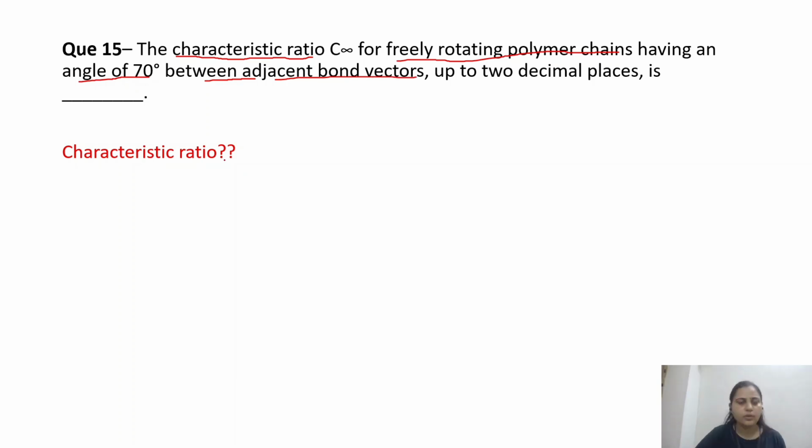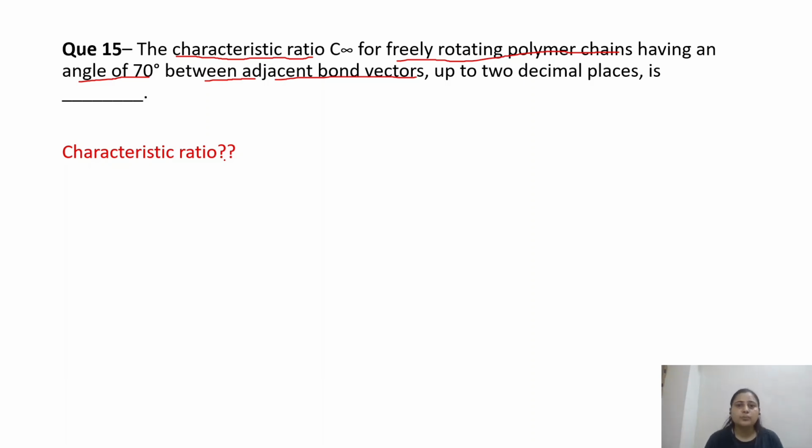So we need to calculate the characteristic ratio for the freely rotating polymer chain. We have just discussed that freely rotating polymer chains have a fixed bond angle, which is given in the question as 70 degrees.